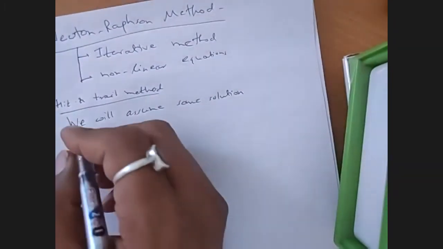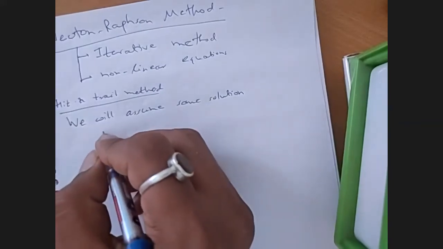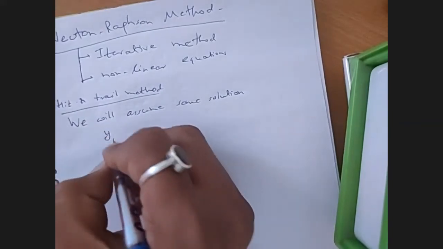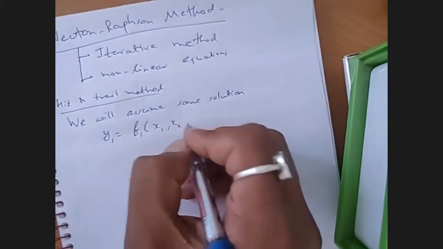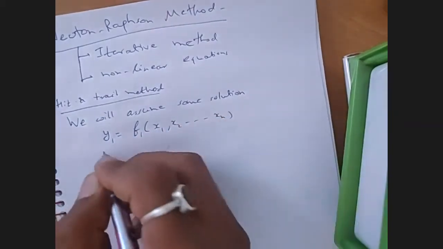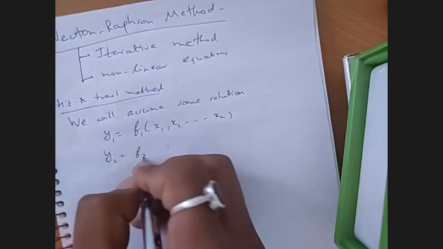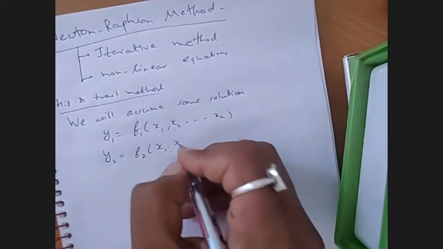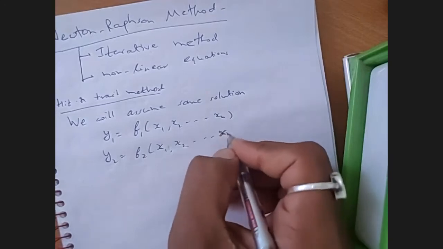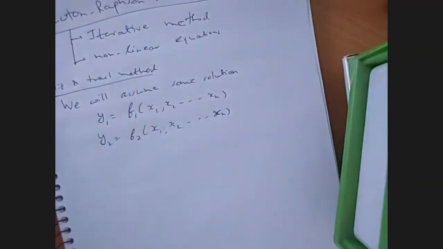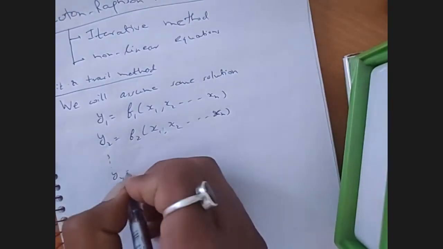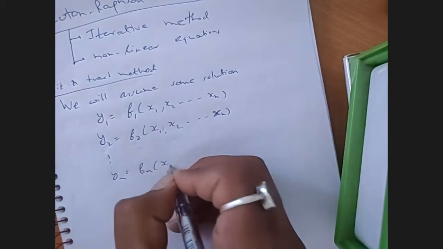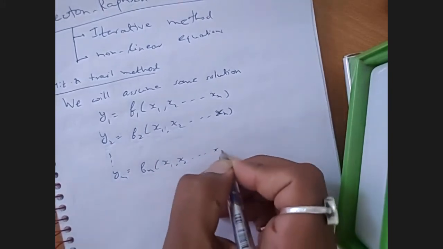So let's consider we have a problem: y1 equal to f1 of x1, x2 up to xn. Similarly y2 equal to f2 of x1, x2 up to xn. And similarly yn equal to fn of x1, x2 up to xn.